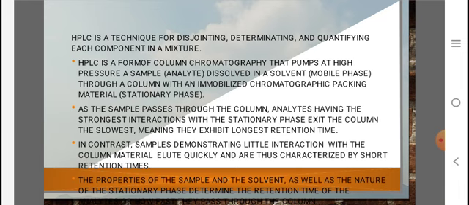As the sample passes through the column, analytes having the strongest interactions with the stationary phase exit the column the slowest, meaning they exhibit the longest retention time. In contrast, samples demonstrating little interaction with the column material elute quickly and are thus characterized by short retention times. The properties of the sample and the solvent as well as the nature of the stationary phase determine the retention time of the components.